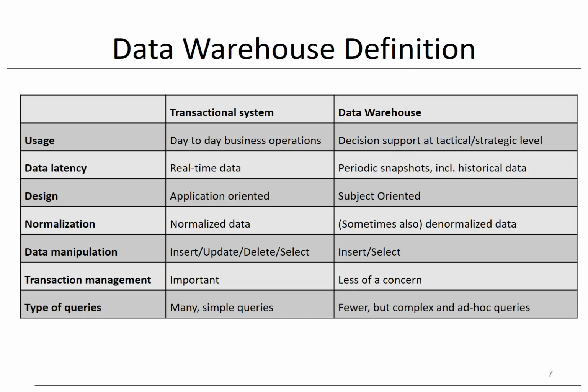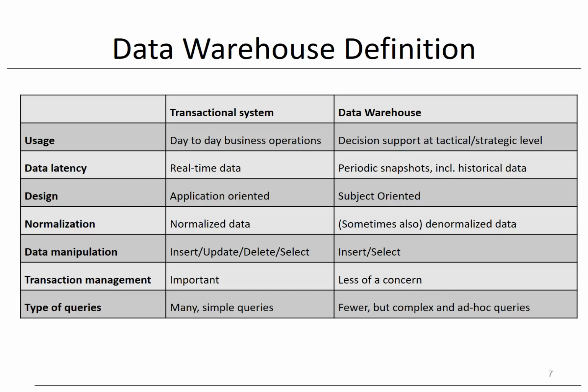Transactional systems are typically based on an application-oriented design, whereas a data warehouse is subject-oriented. In terms of normalization, a transactional system works with normalized data, whereas a data warehouse can sometimes also have denormalized data for performance reasons. A transactional system works with insert, update, delete, and select operations, whereas a data warehouse only focuses on insert and select operations.